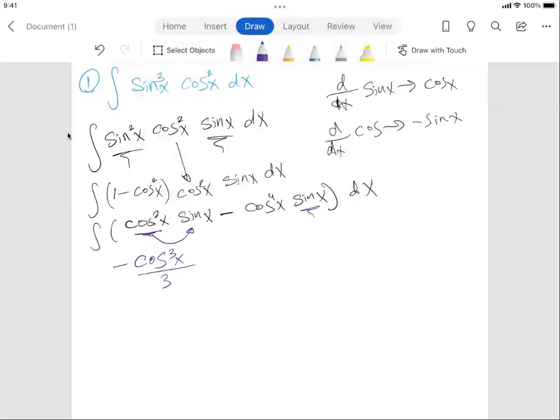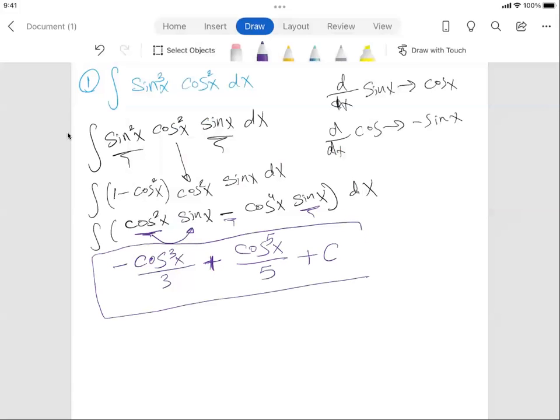The derivative of cosine is negative sine, and I already have the negative in here, so it becomes positive cosine to the power 5 of x divided by 5, and add the constant. So that is the final answer.